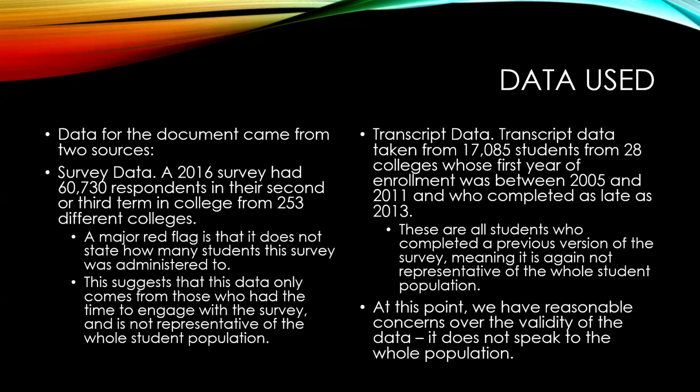It does not state how many students this survey was administered to. This suggests that this data only comes from those who had the time to engage with the survey and is not representative of the whole student population. You can't do an engagement survey and just report on the students who engage with the engagement survey. That introduces a lot of bias.